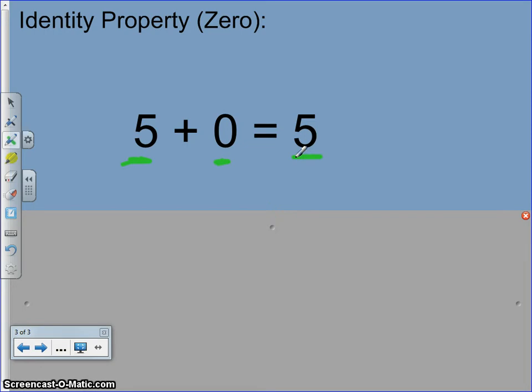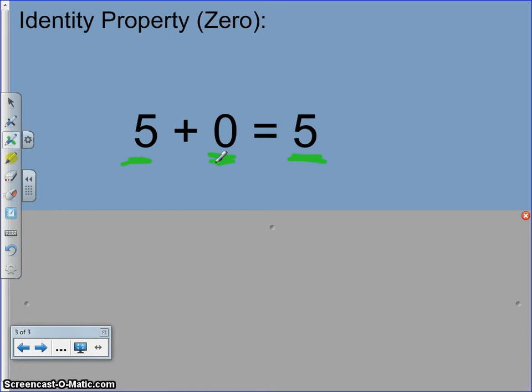So in this case, 5 plus 0, 5 plus nothing equals 5. And the way you can remember this for the identity property is that when you add 0 to any number, it's going to keep its identity. And identity is who you are. So the number 5 won't change who the number 5 is when nothing is added to him.